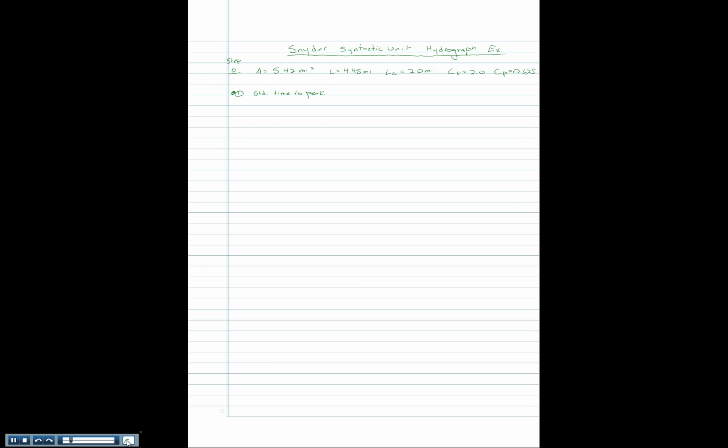Okay, and the formula that's given for that, T sub P is C1 times C sub T times L times L sub C to the 0.3 power. Okay, for traditional units, this C1 is 1.0.